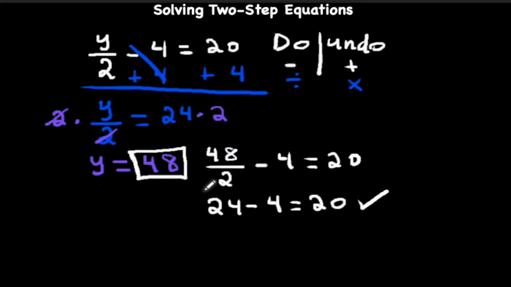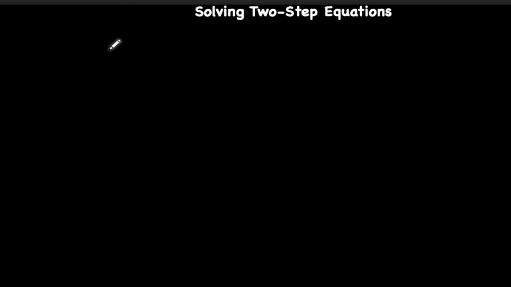So let's go ahead and solve one more. Let's say you're given the equation, let's see, negative 8 equals 2z minus 4. Okay, set up a do and undo here.